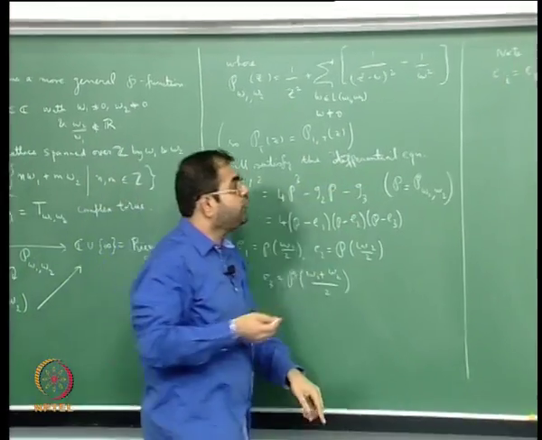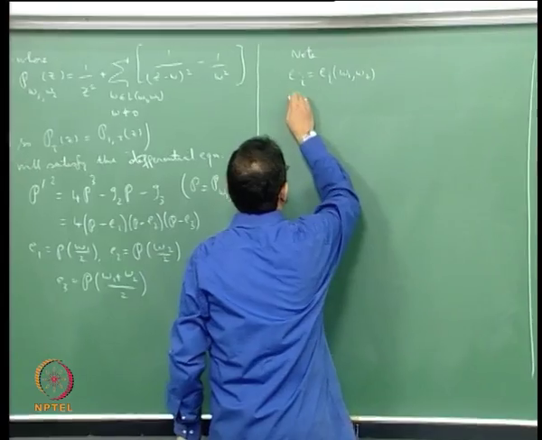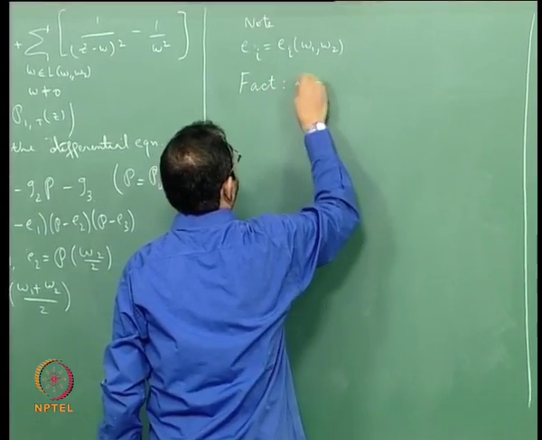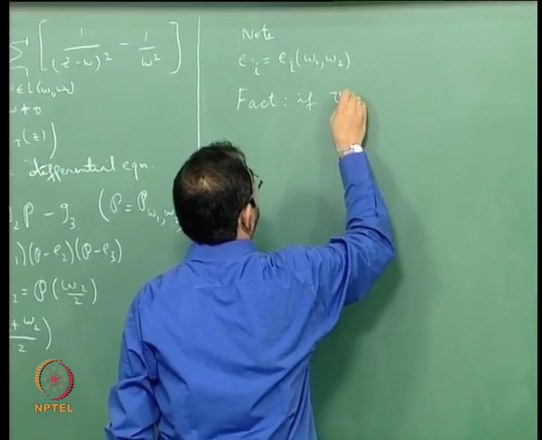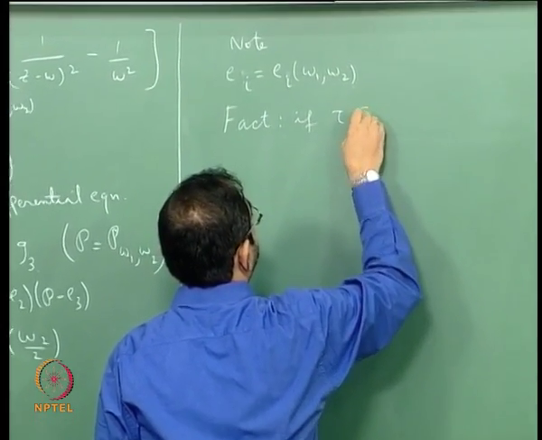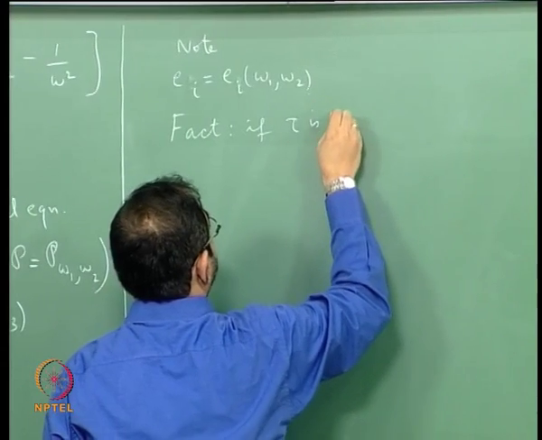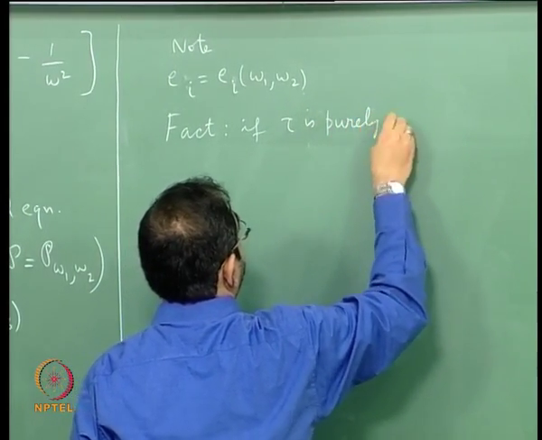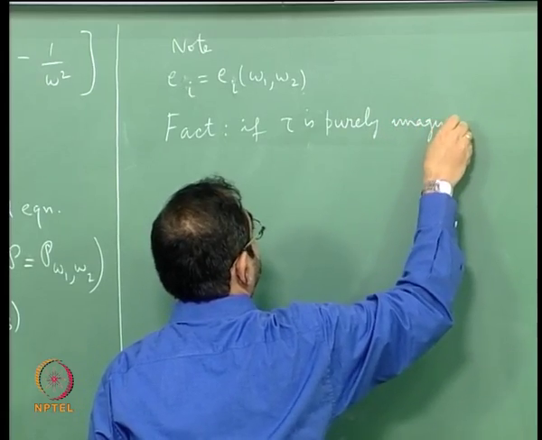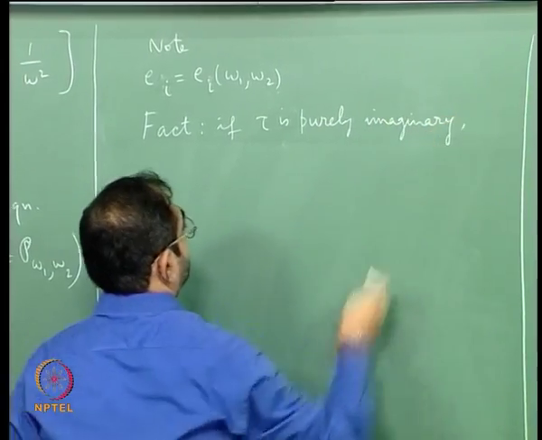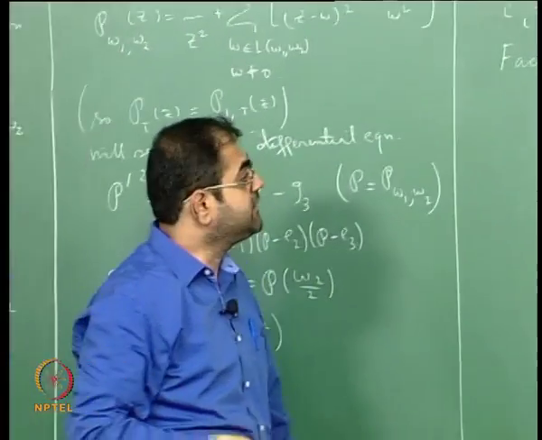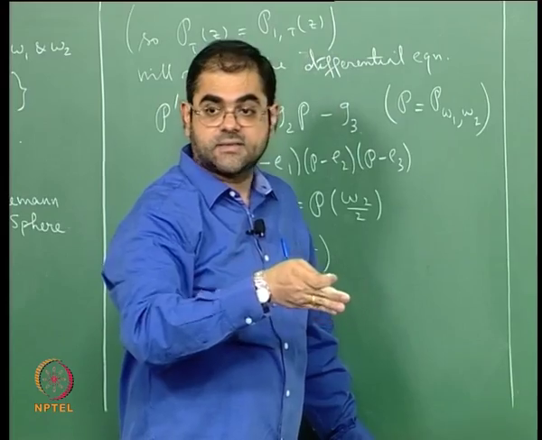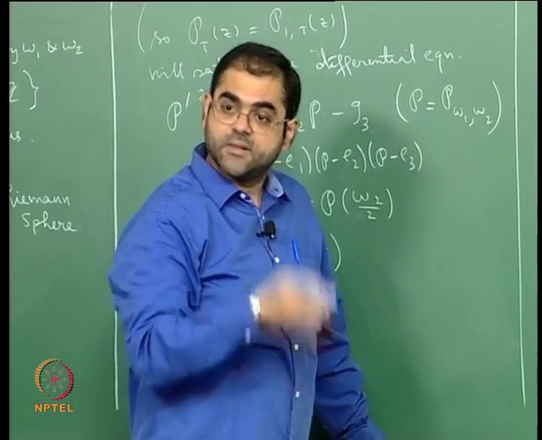Alright, now see the fact is, if tau is purely imaginary, okay, that means either tau is in the upper half plane and on the imaginary axis, or it is in the lower half plane and on the imaginary axis.